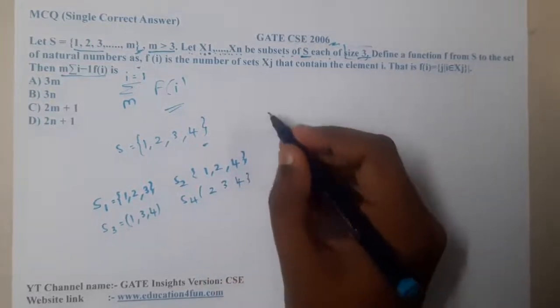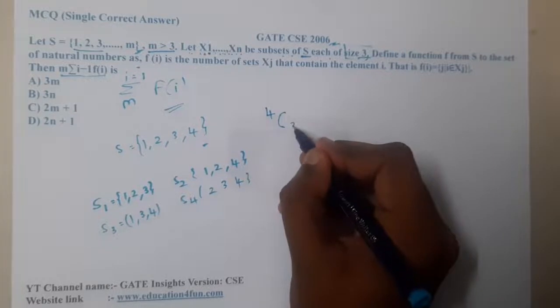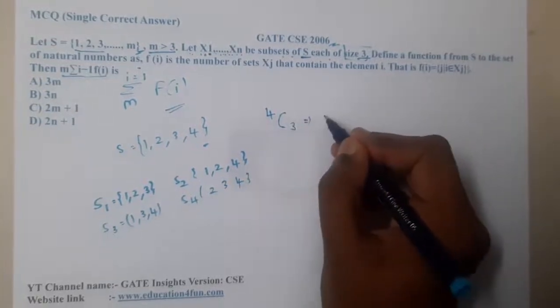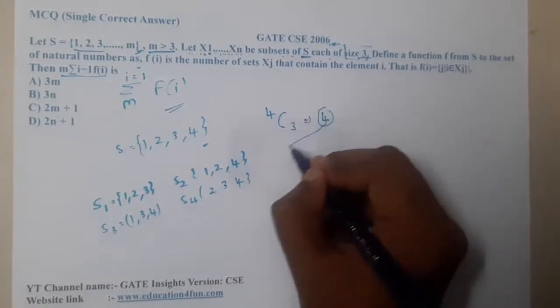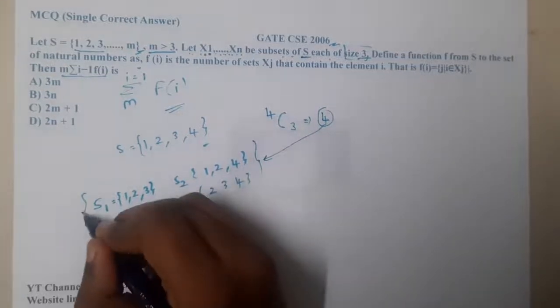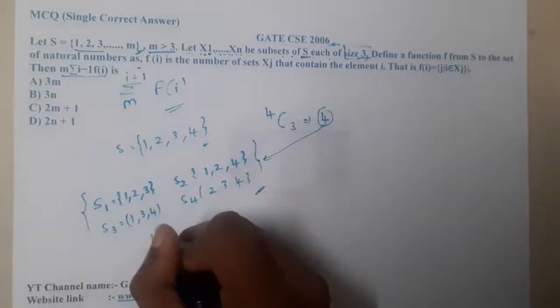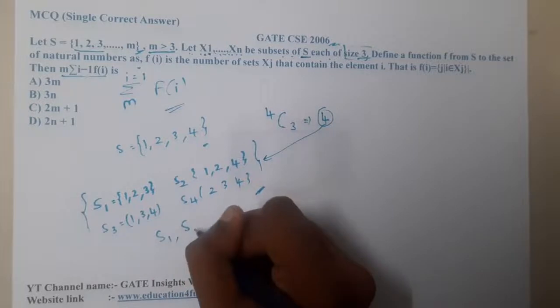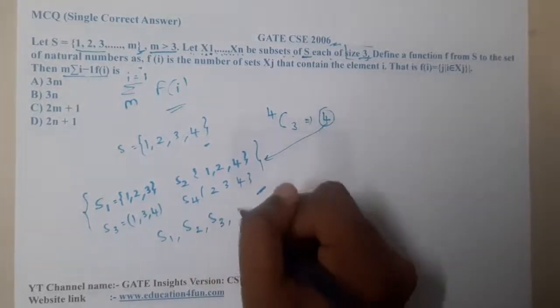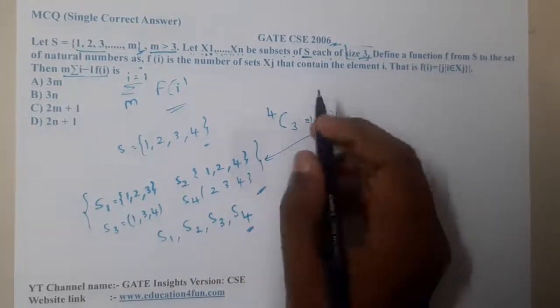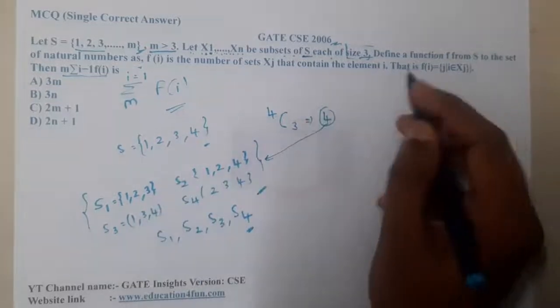From 4 we need to select 3, so it is 4C3, which gives 4 as the result, and the count we got is also 4. So these are the 4 different sets possible: S1, S2, S3 and S4, each of size 3, so we have satisfied it.